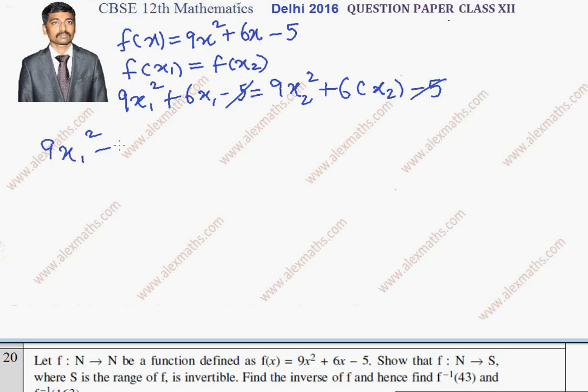9x1 square minus 9x2 square plus 6x1 minus 6x2 equal to 0.